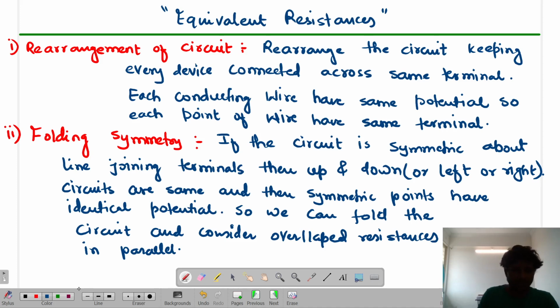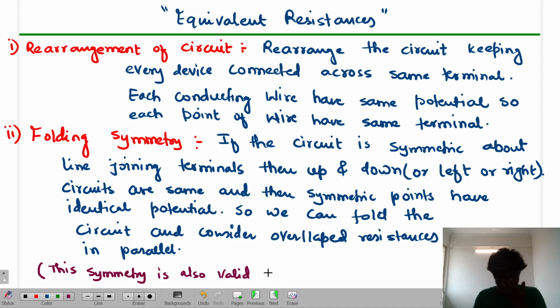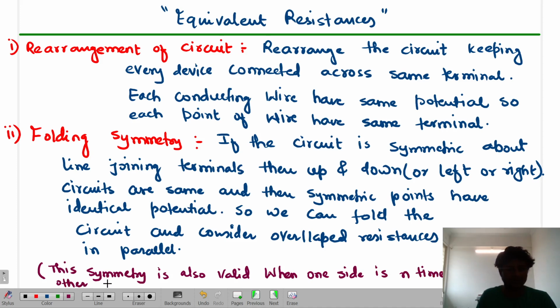But there is a big note about that: this symmetry is also valid when one side is n times the other side in the circuit.